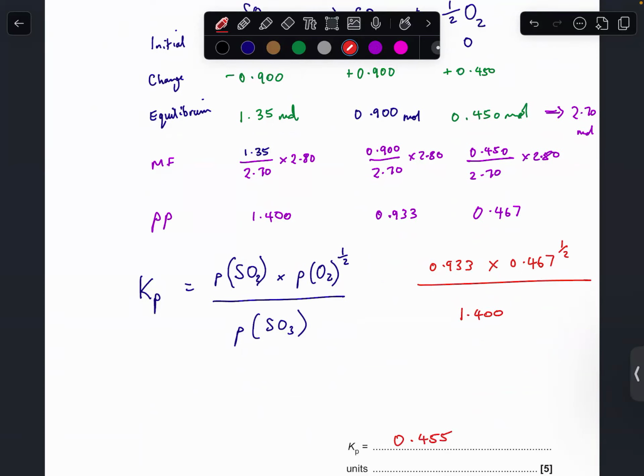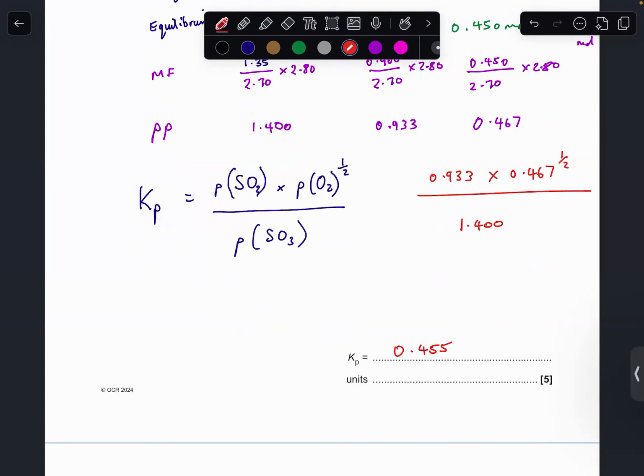That gives you 0.455. In the mark scheme, it tells you that getting 0.455 scores you 4 marks out of 5, and the last one is for the units.